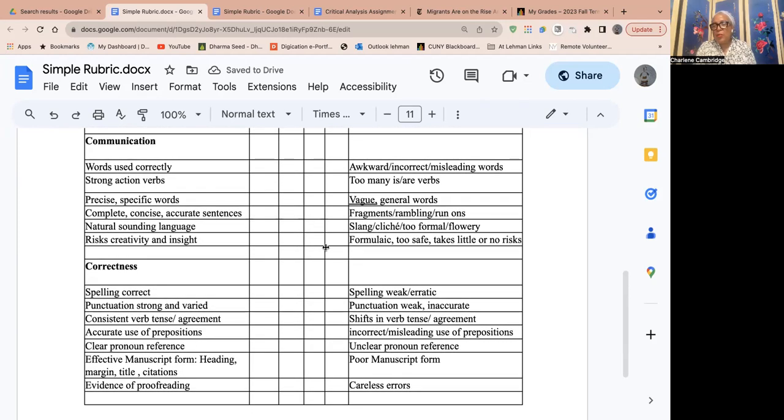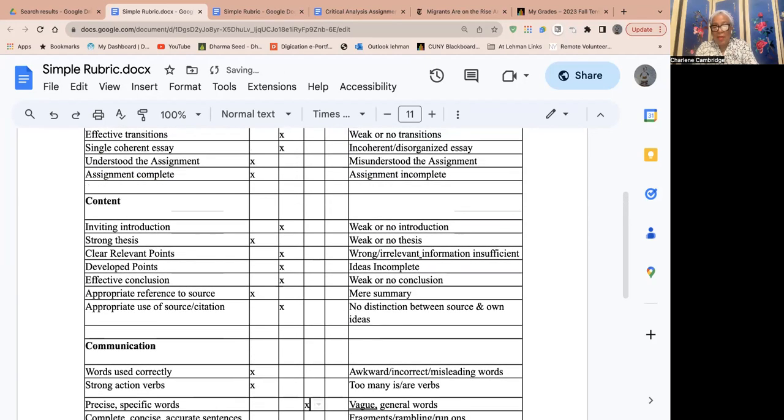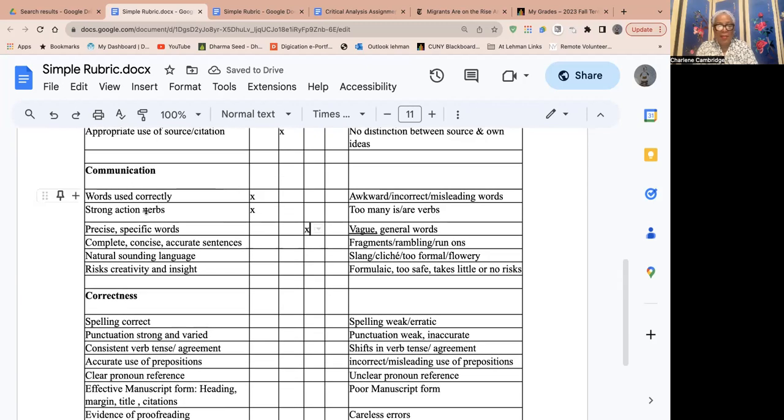Okay, words used correctly. Yeah, strong action verbs. Yes. Vague. You were vague. That's why you weren't in. You had insufficient evidence. You were vague.